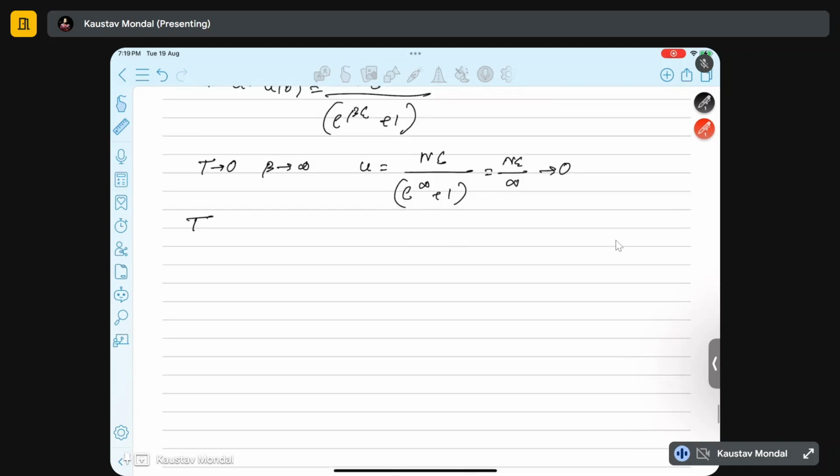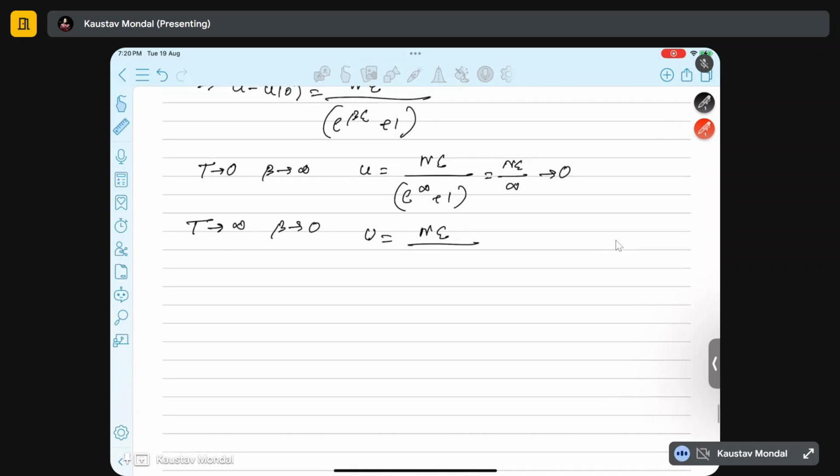Now at T tends to infinity, that means beta tends to 0, so the internal energy would be n epsilon by e to the power 0 plus 1. E to the power 0 is 1, so 1 plus 1 is 2, so that gives you n epsilon by 2, that is 0.5 into n epsilon.